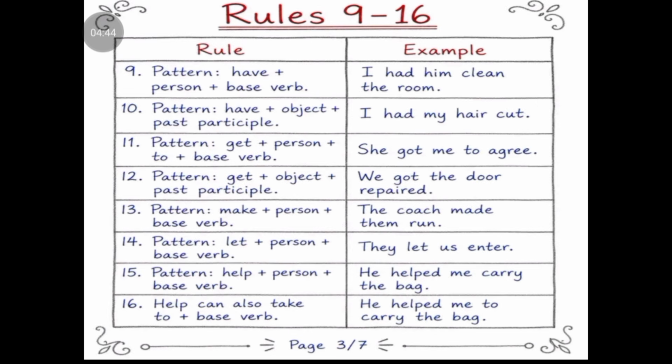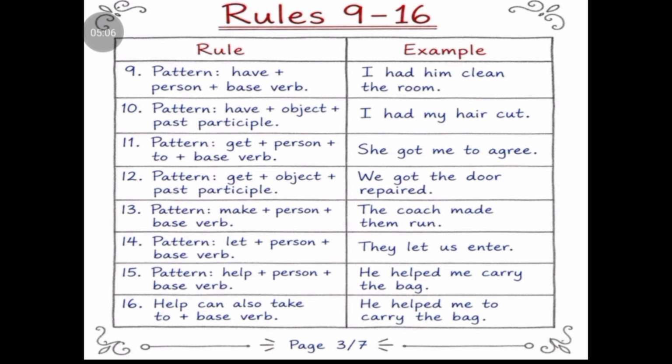And then to, the infinitive. And then agree is the base verb. Then 12, get plus object plus past participle. You say, we got the door repaired. So the door is our object, and then repaired is the verb in past participle.